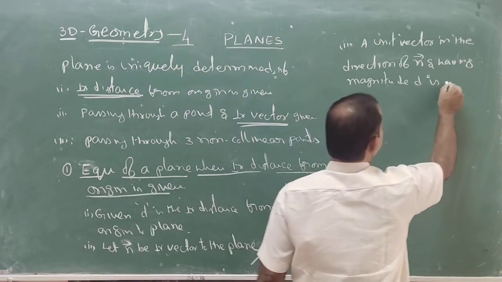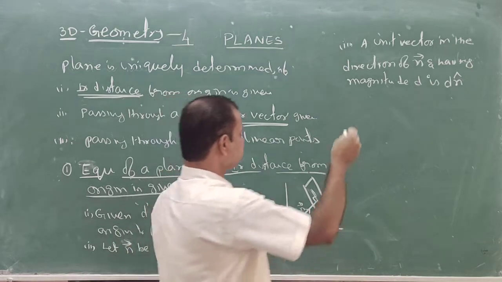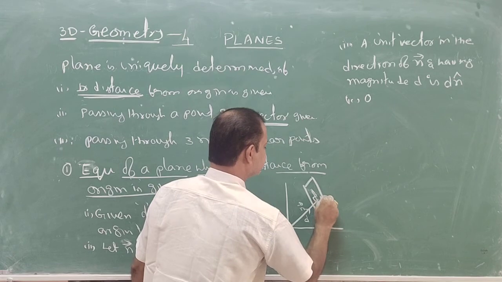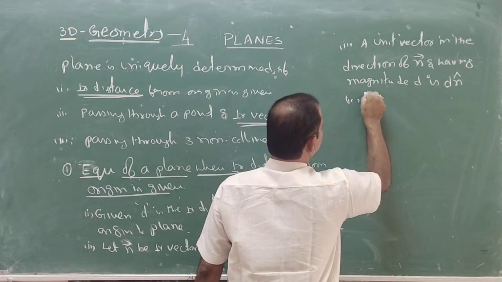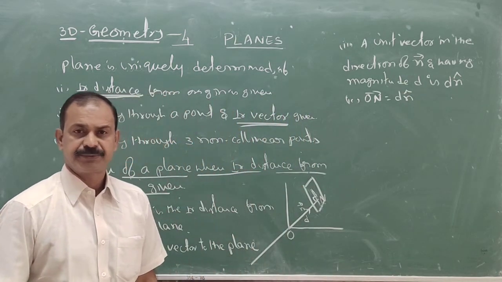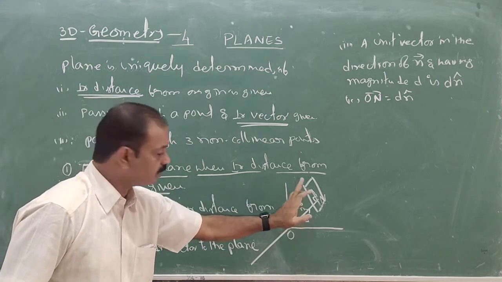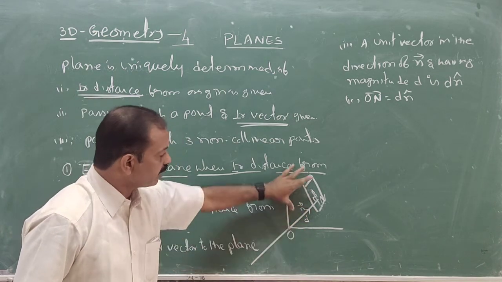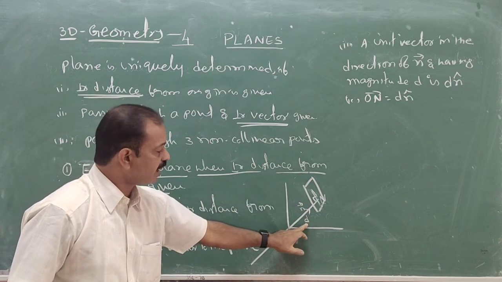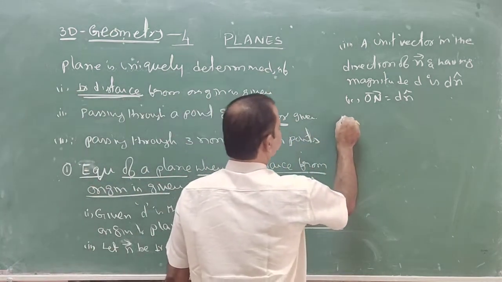Magnitude d is d into n cap. Suppose you take this as N, so ON is nothing but d into n cap. I hope this point is clear to everybody. This is the perpendicular vector and its magnitude. Therefore, ON is a vector in the direction of n having magnitude d, which is d into n cap.